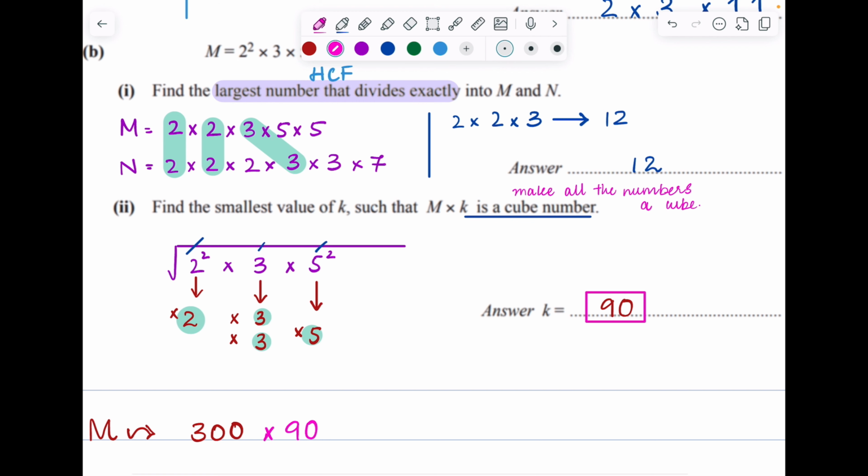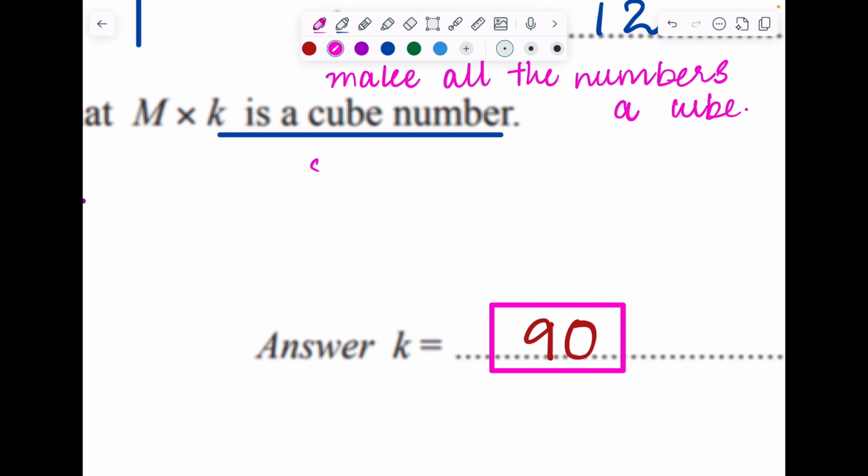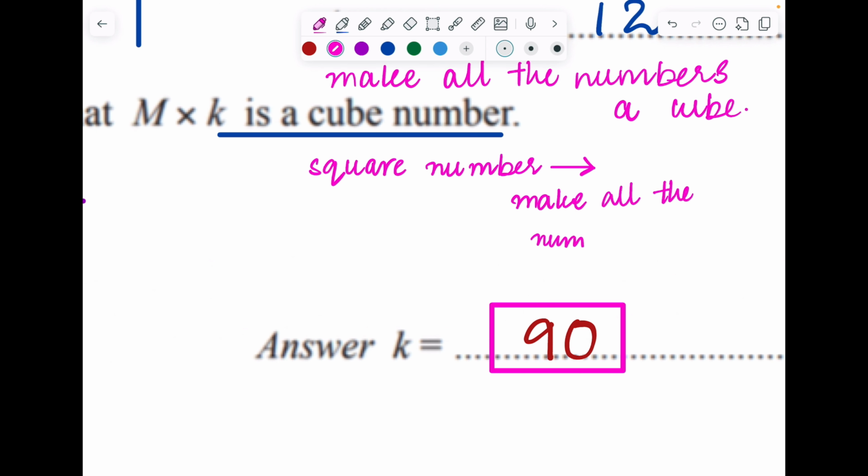But if instead they had said square number, then you would make all the numbers a square. Simple and easy. Make all the numbers a square. And that's it. We're done.